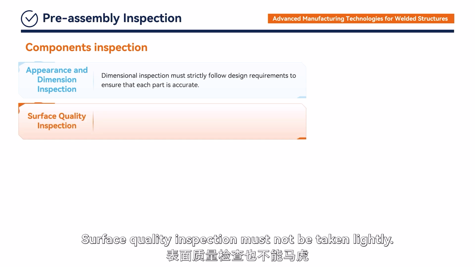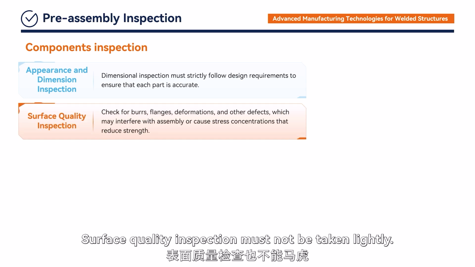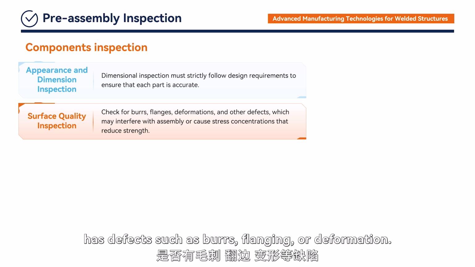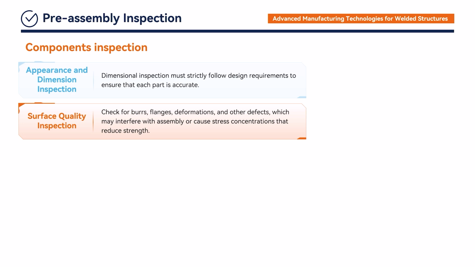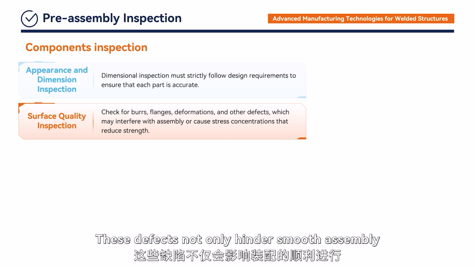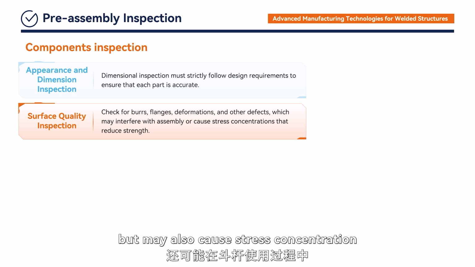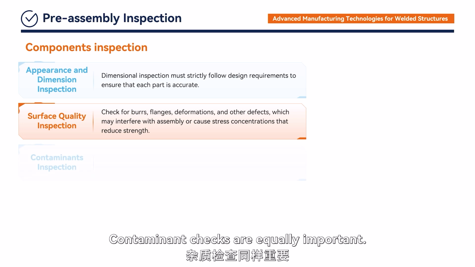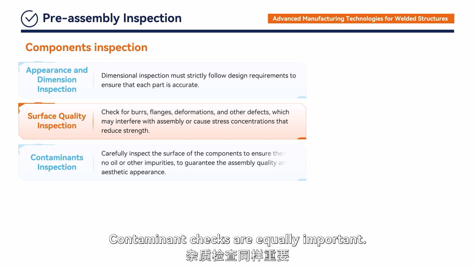Surface quality inspection must not be taken lightly. We need to carefully check whether the surface of each component has defects such as burrs, flanging, or deformation. These defects not only hinder smooth assembly but may also cause stress concentration during the use of the boom, thereby reducing its strength. Contaminant checks are equally important.